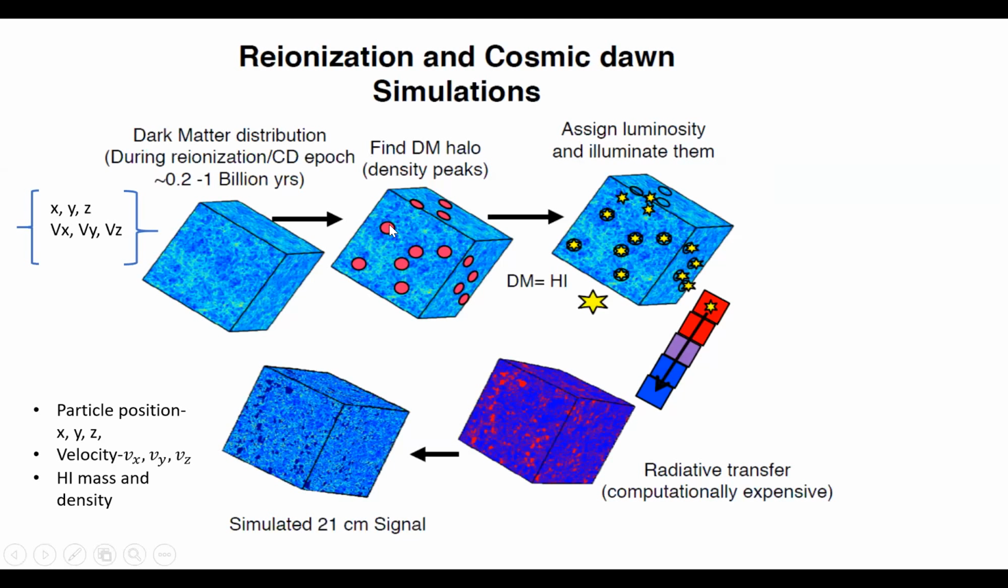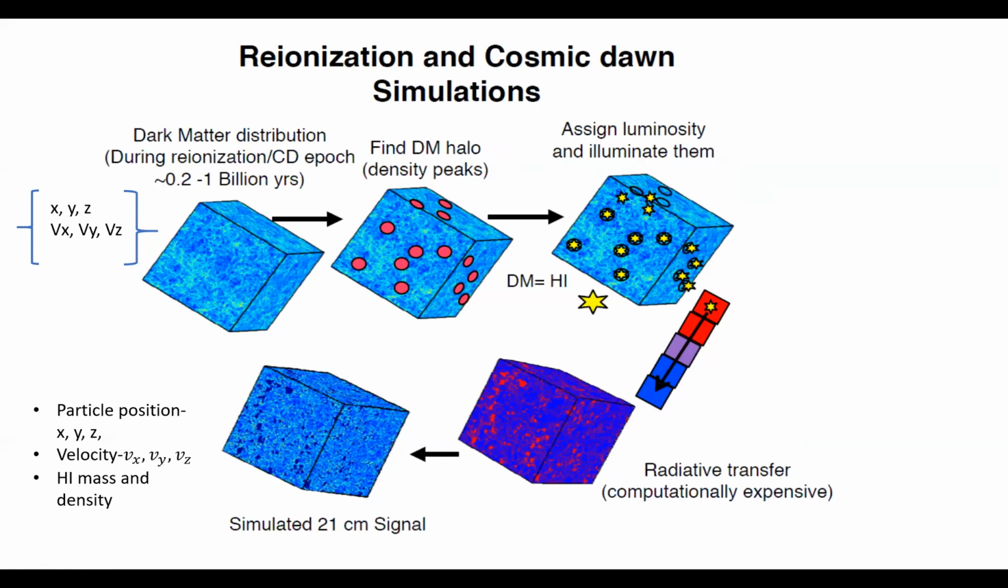You see these red circles, those are the locations of dark matter halos. And then we believe that those are the hosts of first luminous sources like first stars, galaxies, or black holes, right? And according to their mass and various other conditions, we assign a certain luminosity to those halos. And then those luminous sources will emit radiation.